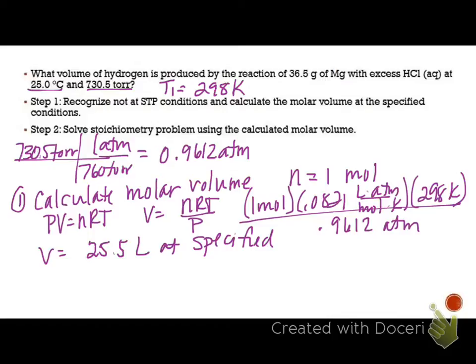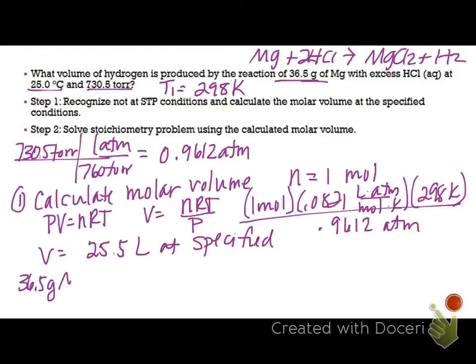So now, same problem, 36.5 grams, we have the same amount. We still have the same equation we did earlier, magnesium plus 2 HCl yields magnesium chloride and hydrogen gas. Same equation, same amount we started with, but we're at different conditions. So we start with that 36.5 grams of magnesium, just like before, then divide by the molar mass of magnesium.